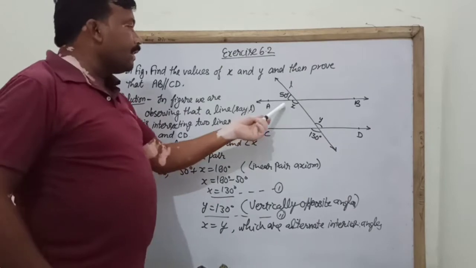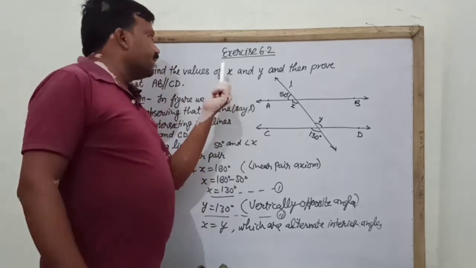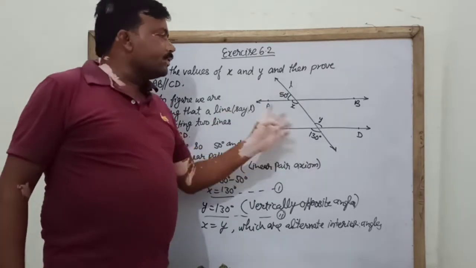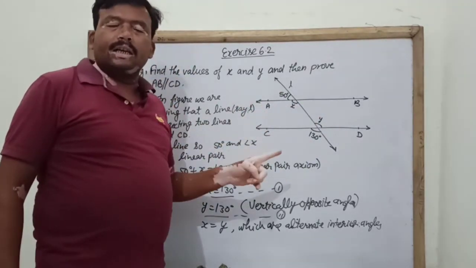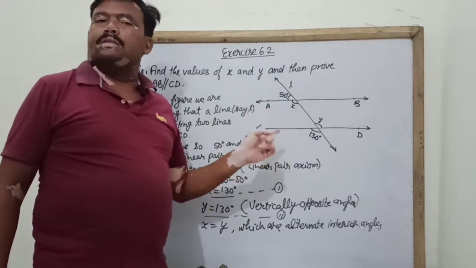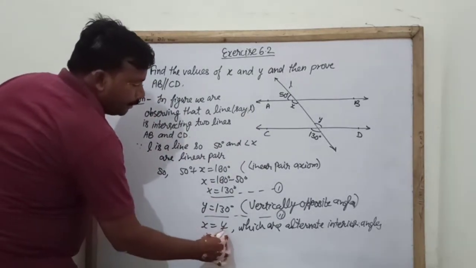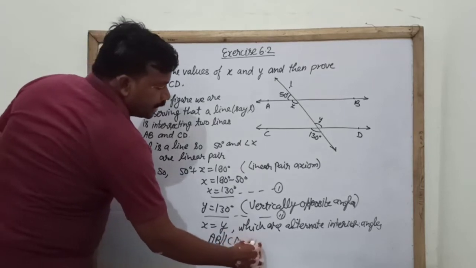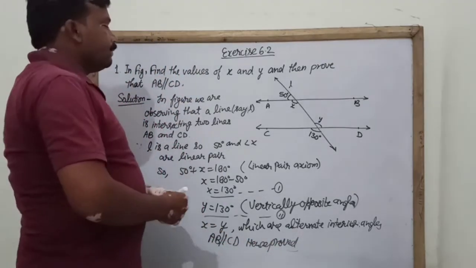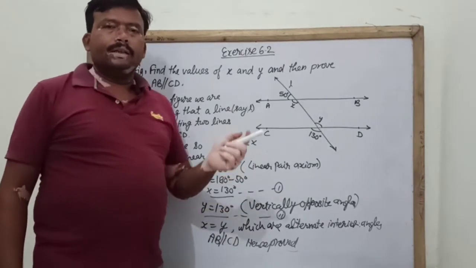Since alternate interior angles are equal, and we have learned a theorem before this exercise, that when a line intersects two lines such that the alternate interior angles are equal, then the two lines are parallel. So we can say line AB parallel to line CD, hence proved. This was our first numerical which we have solved. Now we move to the next one.